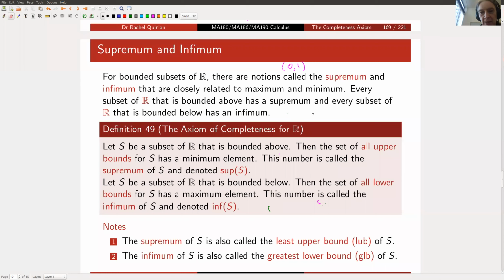Actually, let me start this again. We have a number line, and we have a set S in mind. S is maybe colored green. It has various points, but S is bounded above, and that means there's a point beyond which the elements of S don't go.